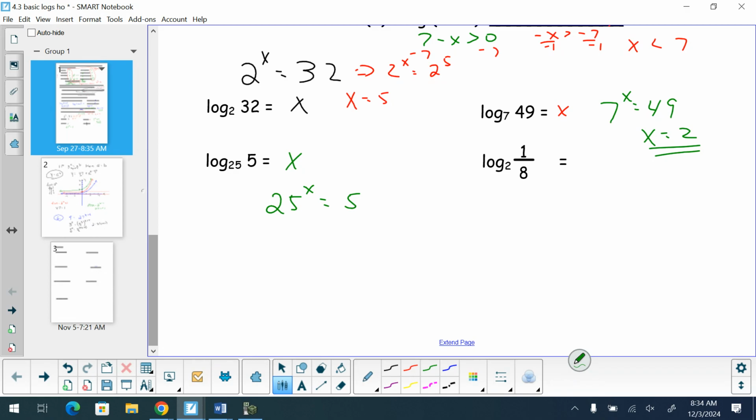Okay, so if I take a look at this, write it as a like basis. Well, 25, we can write it as 5 to the 2nd power, to the x power, is equal to 5 to the 1st power. Power to a power, multiply them.